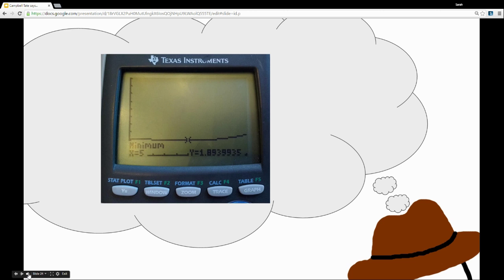So place the blinking cursor right of where the minimum should be and hit enter again. The x value that appears should be the distance you should start running from in order to minimize the time it takes to get to your friend. In our case, that's 5 kilometers.